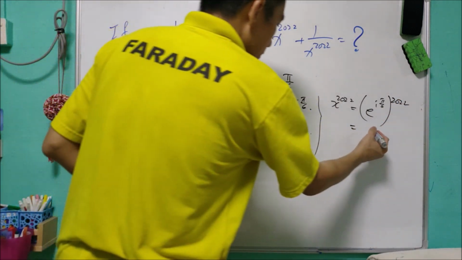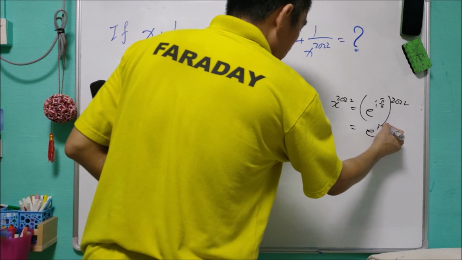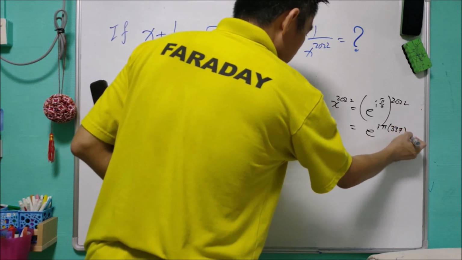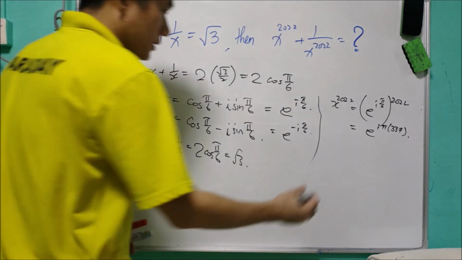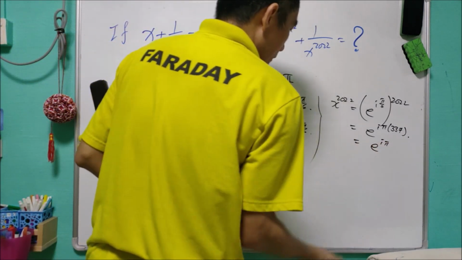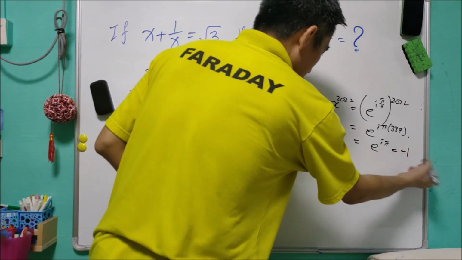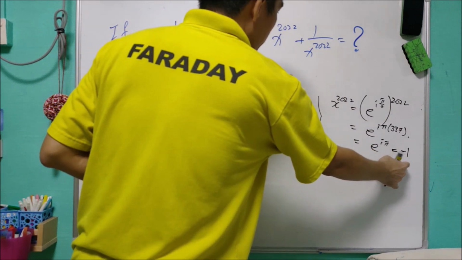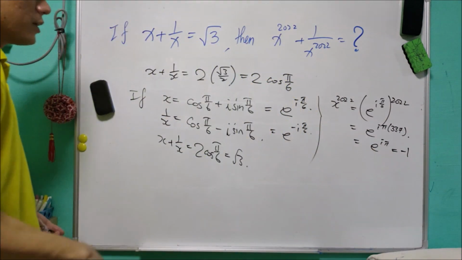Okay, and this is e to the i pi times 337, and this is exactly equal to e to the i pi, and e to the i pi equals negative 1.